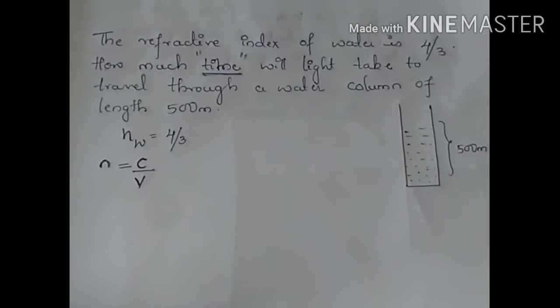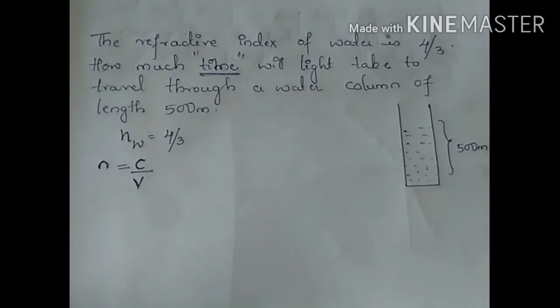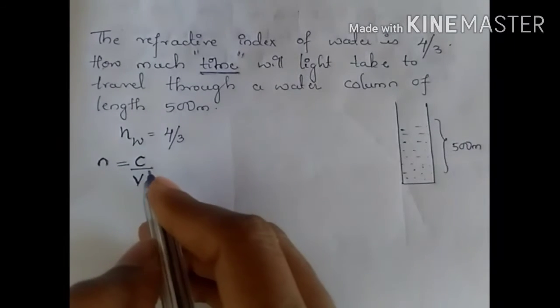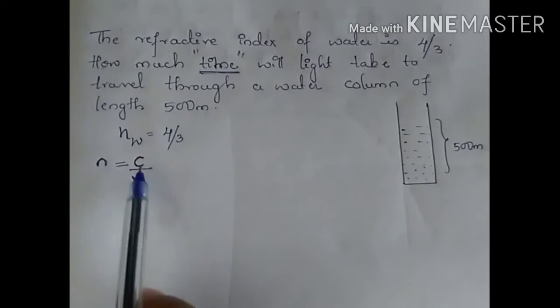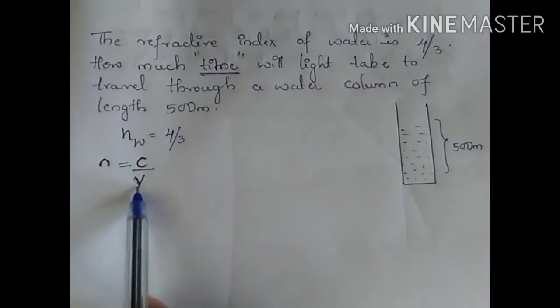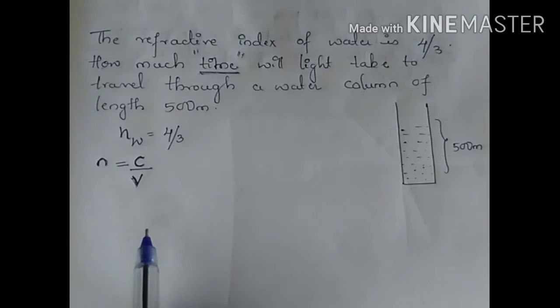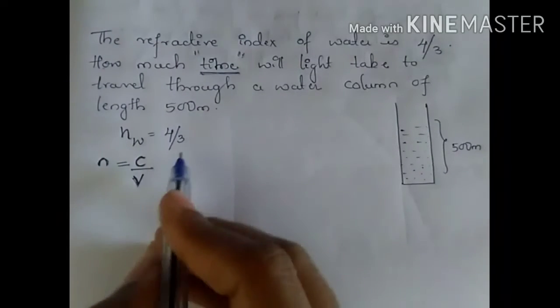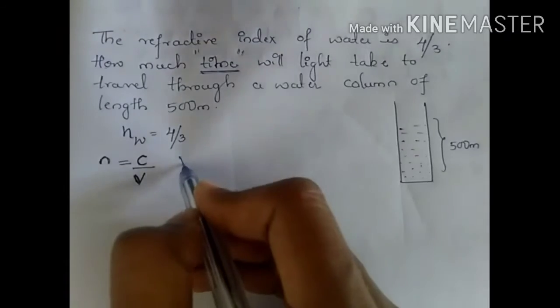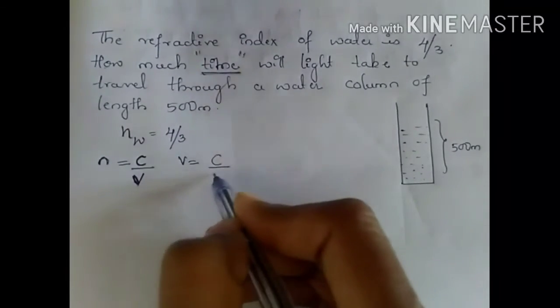So from where did we get this formula? This is from absolute refractive index. Here c denotes the speed of light in vacuum and v the speed of light in a medium. So now we have to find v. So v will be equal to c by n.